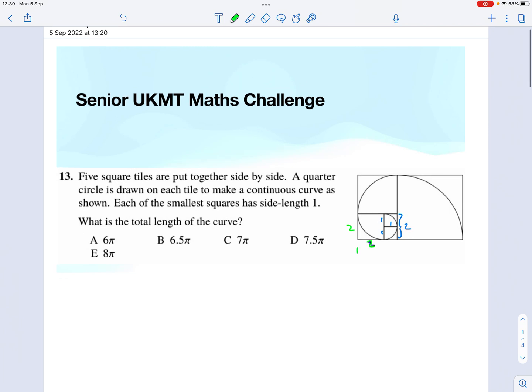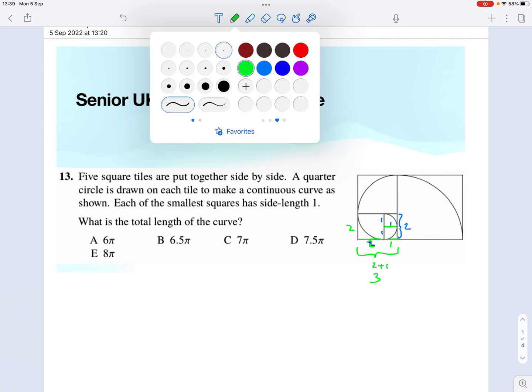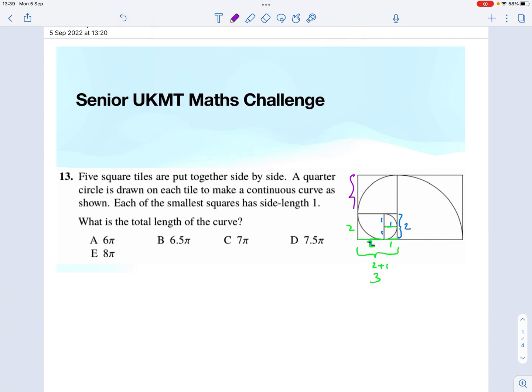And then you can see that length is going to be 2 plus 1, right? This is 1, this will be 1 as well. And we know up to there is 2, so it's a 3. That implies that this square has side length 3 by 3.